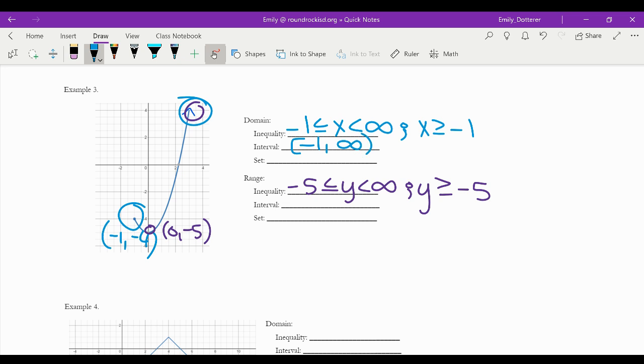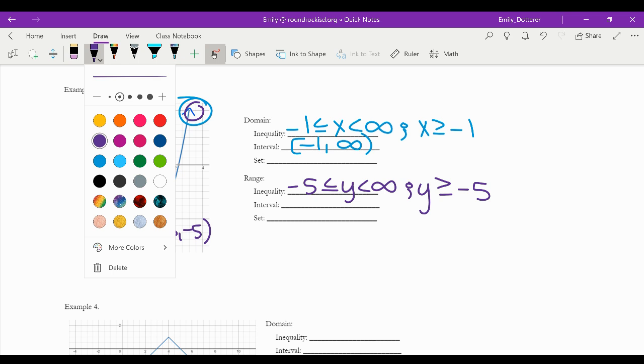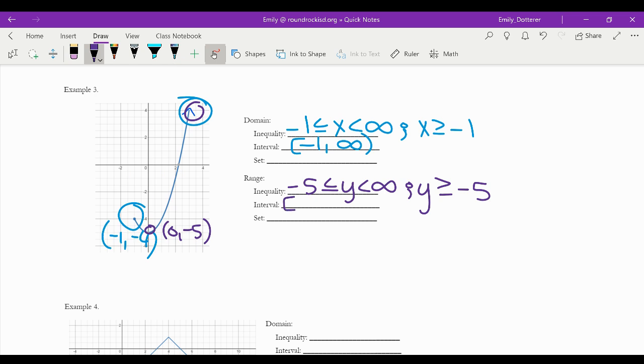We must include the infinity in interval notation, and we're going to use a parentheses for it, because just like with the open circle, the graph never actually is going to reach that value. If you're having trouble drawing an infinity, just turn the paper sideways and draw an 8.